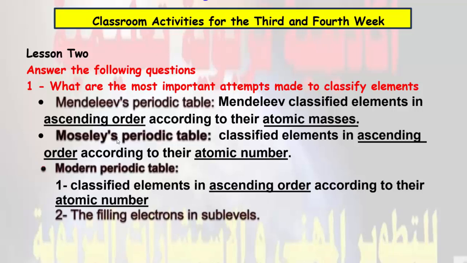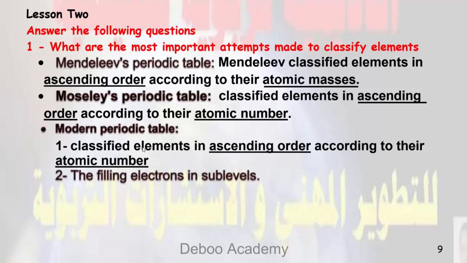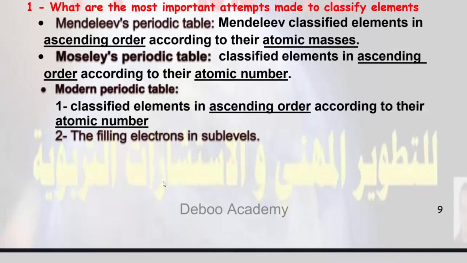Moseley's periodic table classified elements in ascending order according to their atomic number. So when we see Mendeleev, we relate it to atomic mass. When we see Moseley, we relate it to atomic number. While the modern periodic table classifies in ascending order of atomic number and filling electrons in the sub-level.